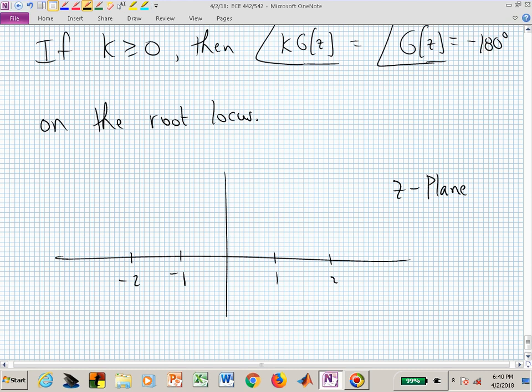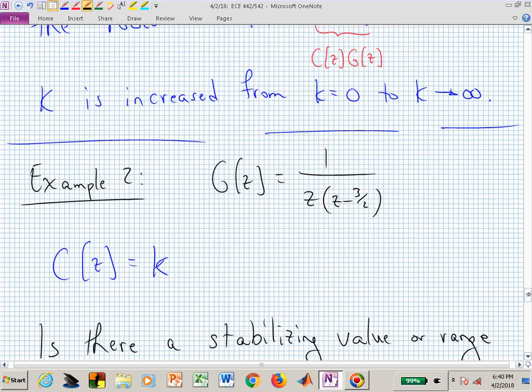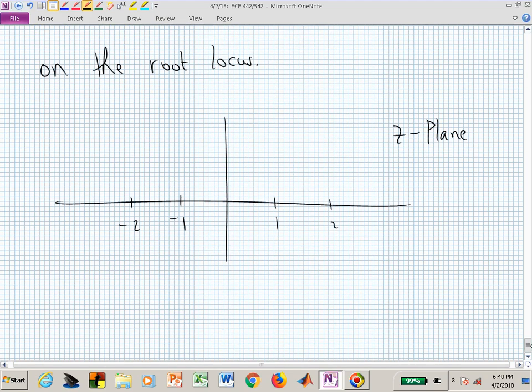Where were my open loop poles in this transfer function? 0 and 3/2. So I put two x's on my z-plane. One is at the origin, and the other one is at 3/2. Did I have any finite zeros? No. So I don't have to put any open circles.